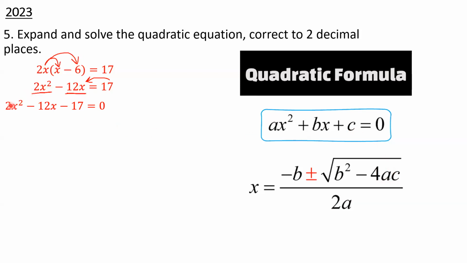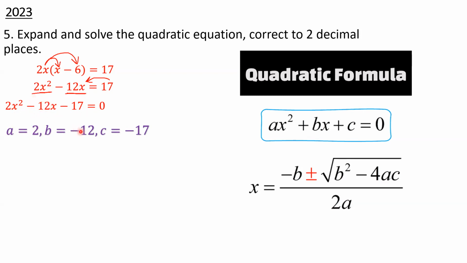Based on this equation, what is a, what is b, what is c? A is the coefficient of x squared, so a is 2. B is the coefficient of x, so b is negative 12. Notice we include the sign.